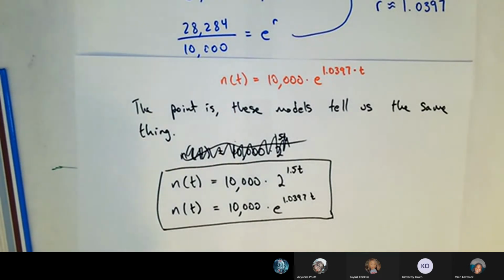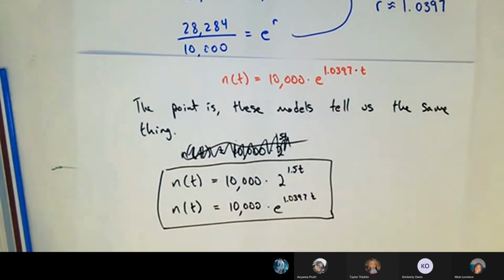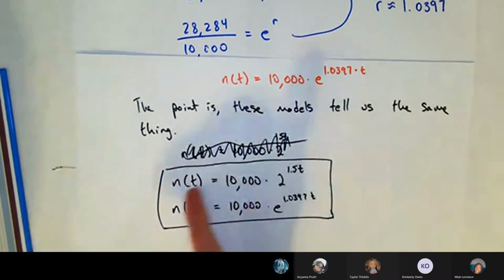But the two best forms, and the two most natural questions for population, are questions like, when does the population double, right? And that's when this model is going to be the most natural, versus what is the population's growth rate relative to its current population, and that would be this model.